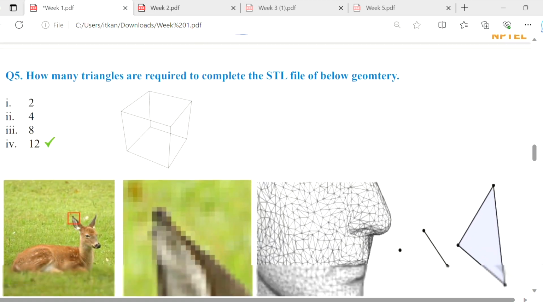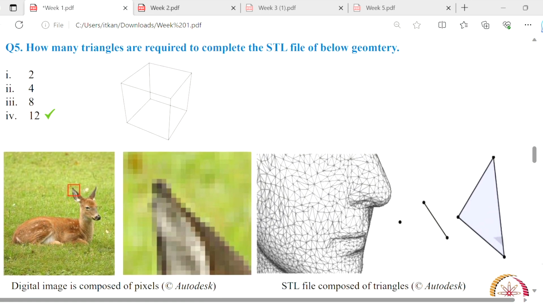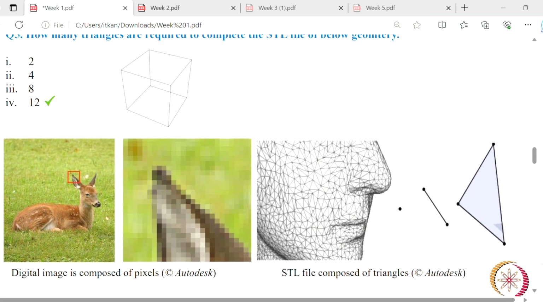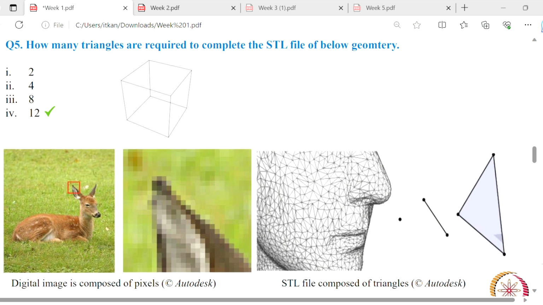Next question. The next question is how many triangles are required to complete the STL file of the below geometry? So this is how many minimum triangles are required to complete the STL file of the below geometry.